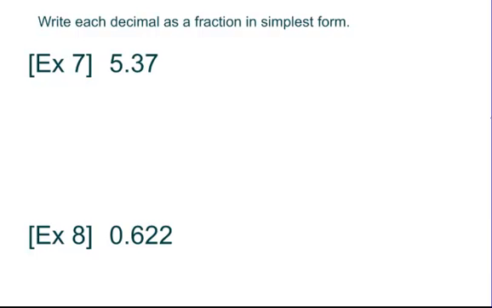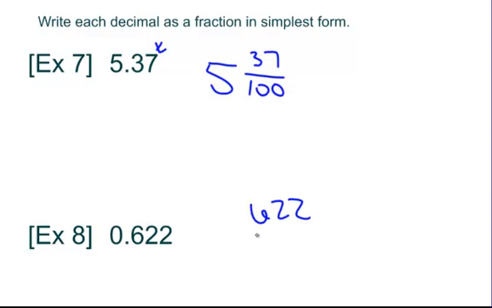Okay, welcome back. Here we have 5 goes out front because it's 5.37, so it's 5 and something. This is in the hundredths place, right? So it's 37 100ths. And 37's prime, so I know I can't reduce. Here, tenths, hundredths, thousandths place, so I know it's 622 thousandths, okay?